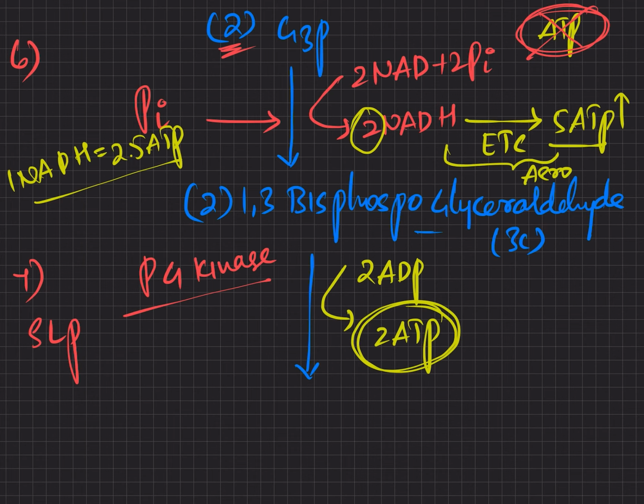Now what product has formed? The phosphate from the first position we have removed. Now 3-phosphoglyceraldehyde, again, do not forget 2 moles. Now the phosphate present in the second position is not stable enough. Now we have to change the position of the phosphate.